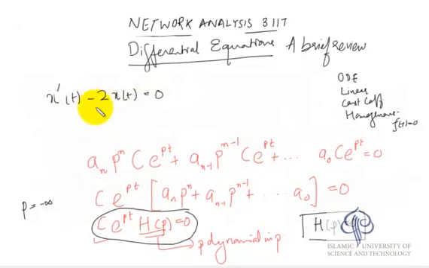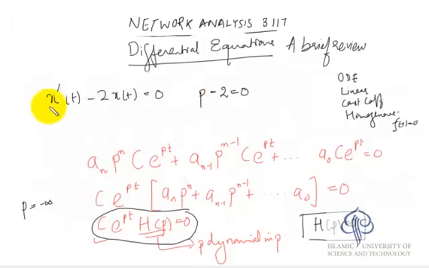The characteristic equation for this would be p minus 2 is equal to 0. You have to substitute, for each differential degree of x, the corresponding power in p.